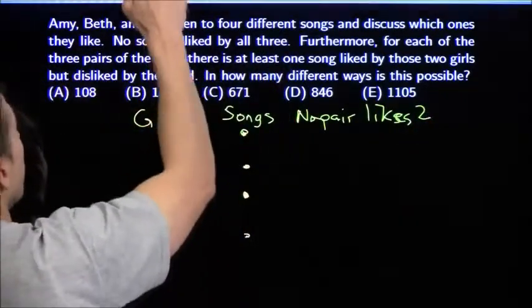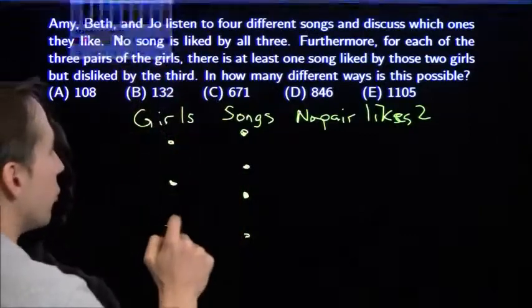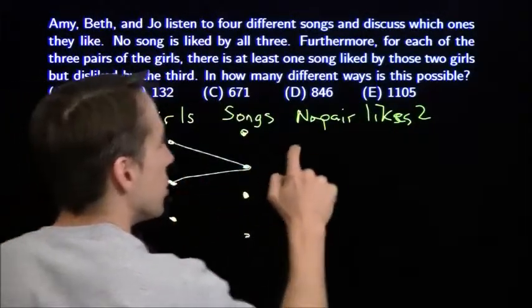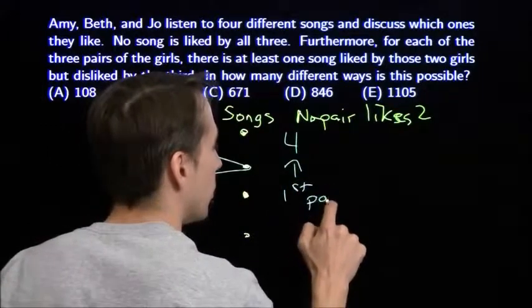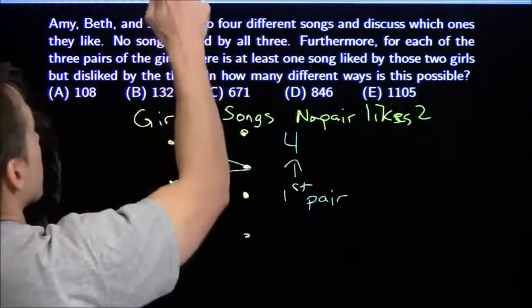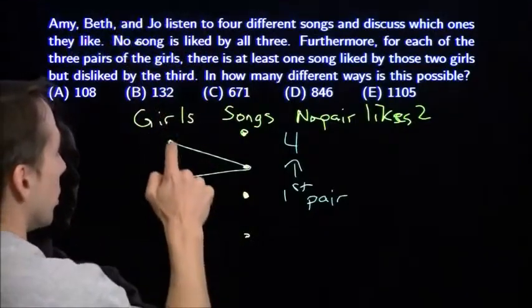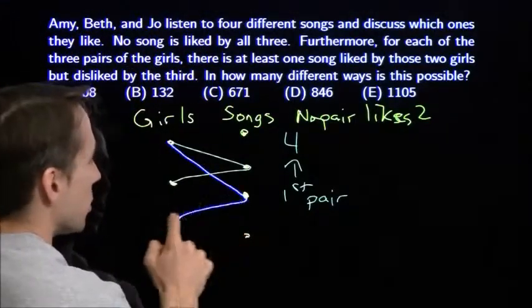All right, once again, we'll start off with our first pair of girls. They have 4 choices. And that means our second pair has 3 choices.